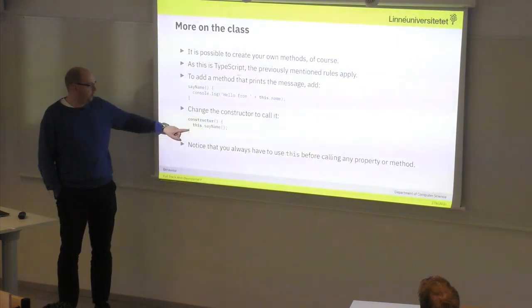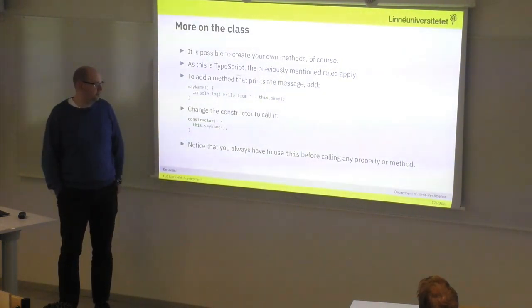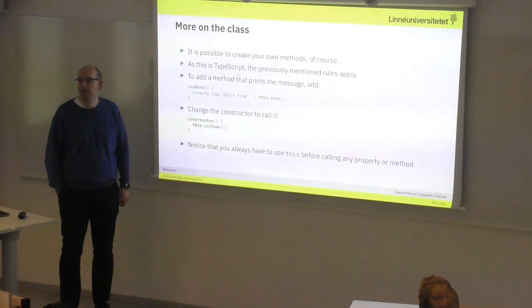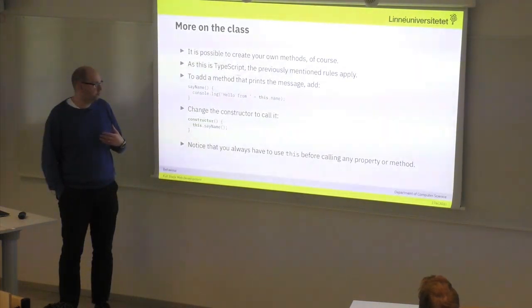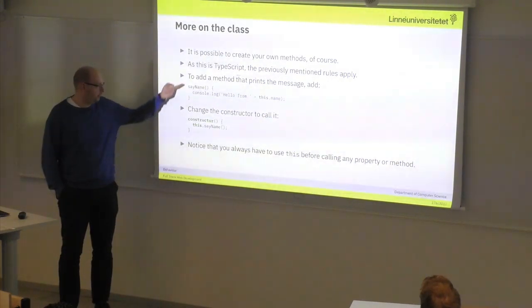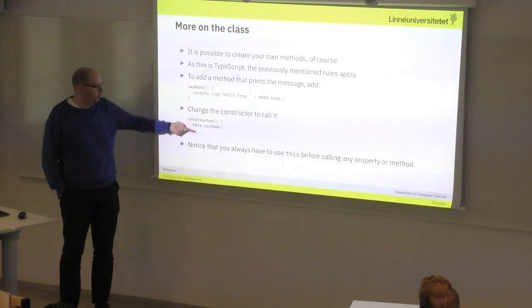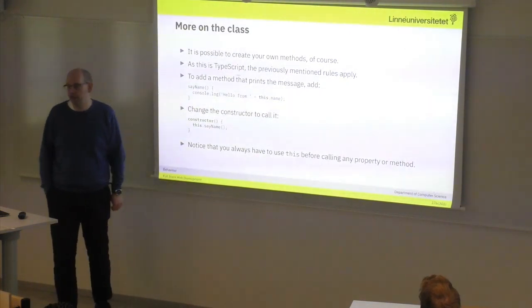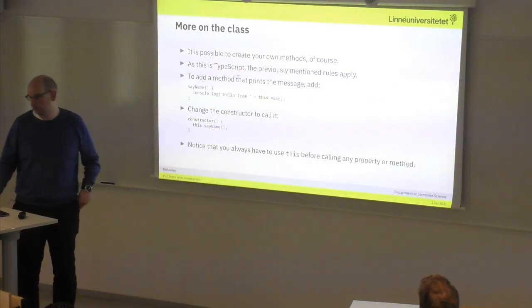And then in the constructor, we can say this.sayName, and we will get the same result as previously. It will print out hello from C13 in the console. But what it is doing is showing that we can create our own methods that we can use.